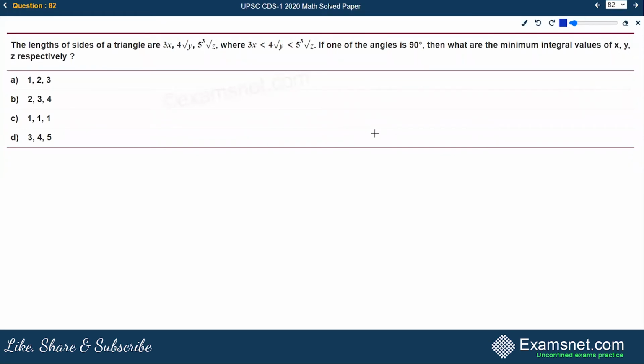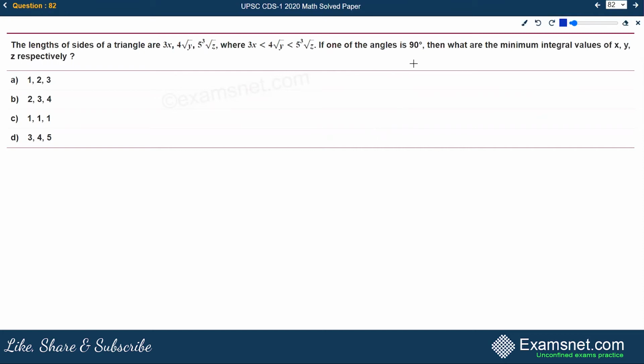In question number 82, we are given the lengths of sides of a triangle are 3x, 4 root y, 5 cube root z, where 3x is less than 4 root y, which is less than 5 cube root z. So here 3x is the smallest, right? Now, if one of the angles is 90 degrees, then what are the minimum integral values of x, y, z respectively?